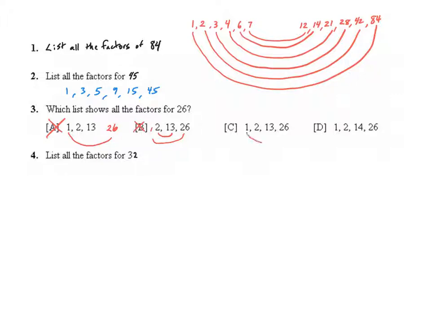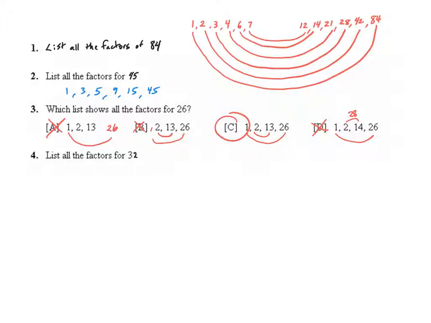On C, 1 is paired with 26, and 2 is paired with 13, because 2 times 13 equals 26. So that looks good, but we need to check if there are any more. On D, 1 times 26 is fine, but 2 times 14 is 28. That equals 28. So this one's out. Your answer is C.